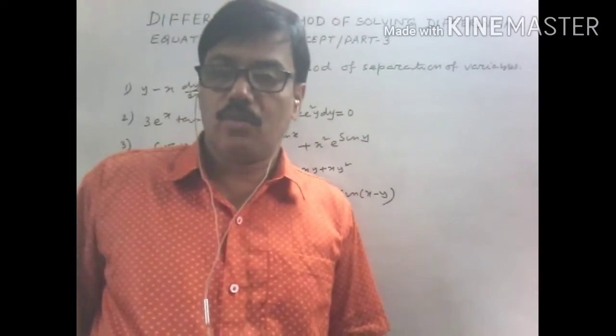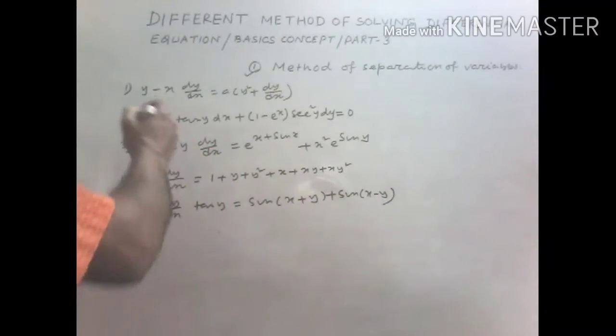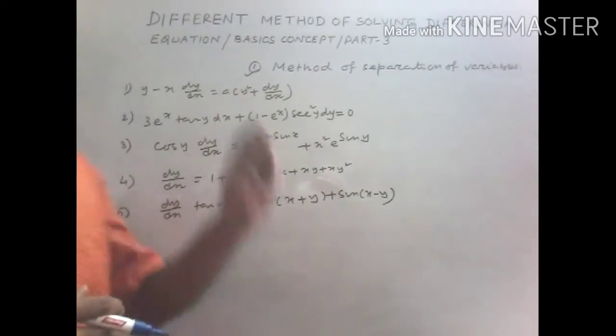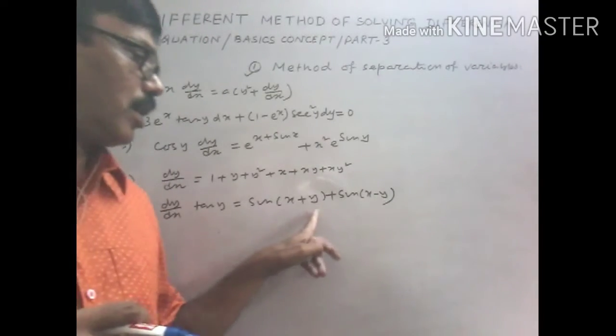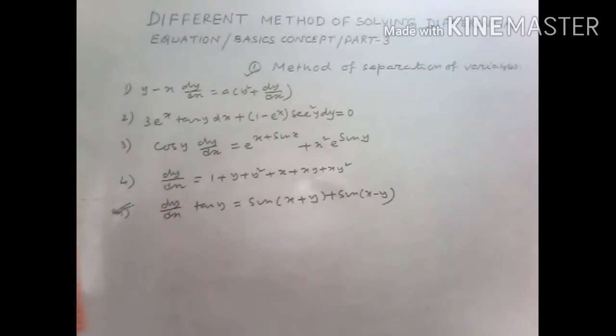Now we try to solve some problems by separation of variables. Now look, problem number 5: tan y dy by dx equals sin(x plus y) plus sin(x minus y).